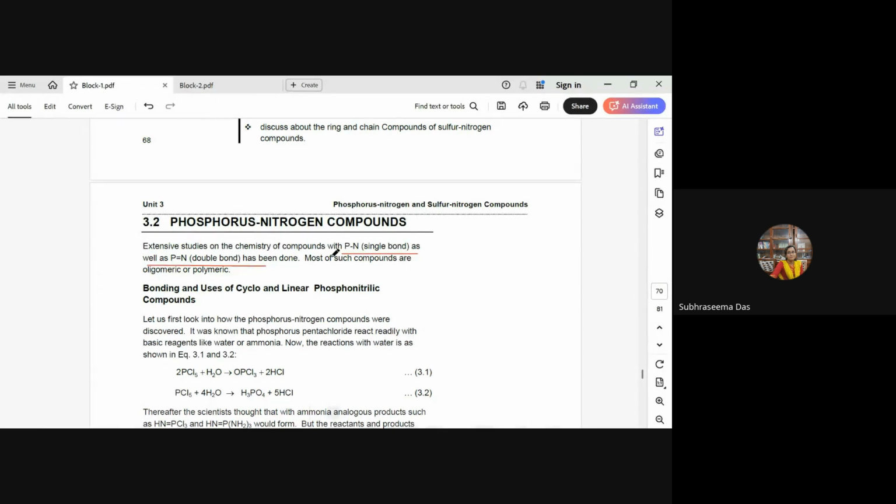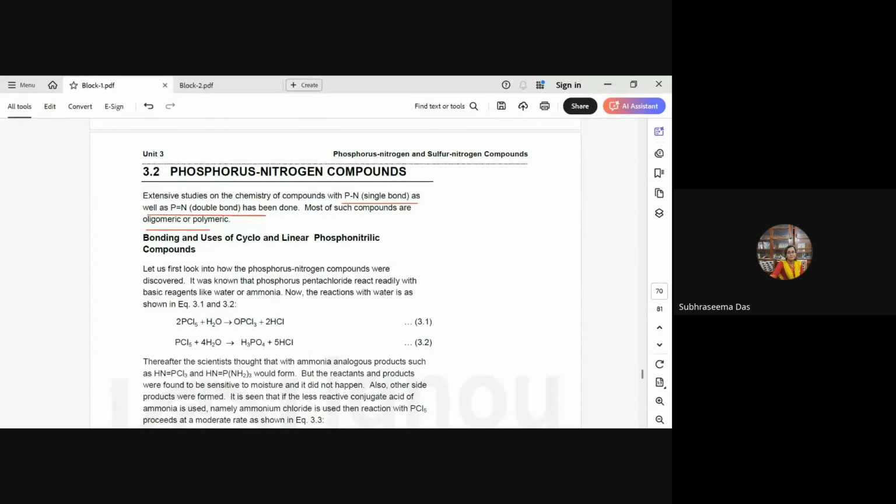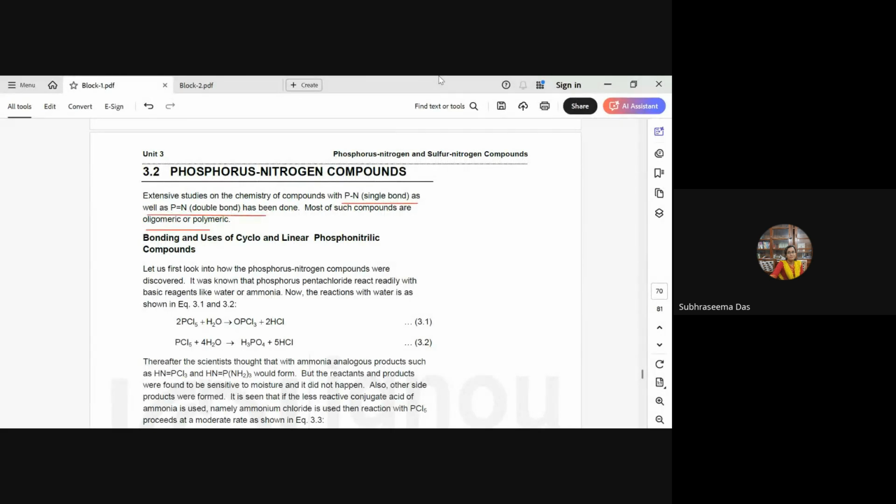Such phosphorus nitrogen compounds are either oligomeric or polymeric in nature. What does oligomeric mean? It means many monomers join together to form an oligomer. Oligomers have 2 to 9 monomers. If it has 2 monomers, we call it a dimer.